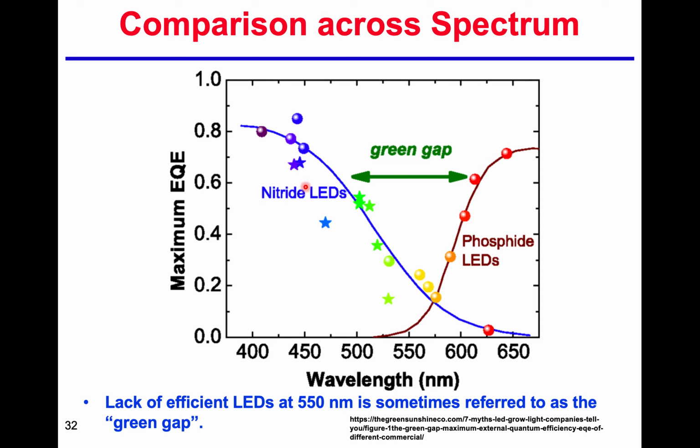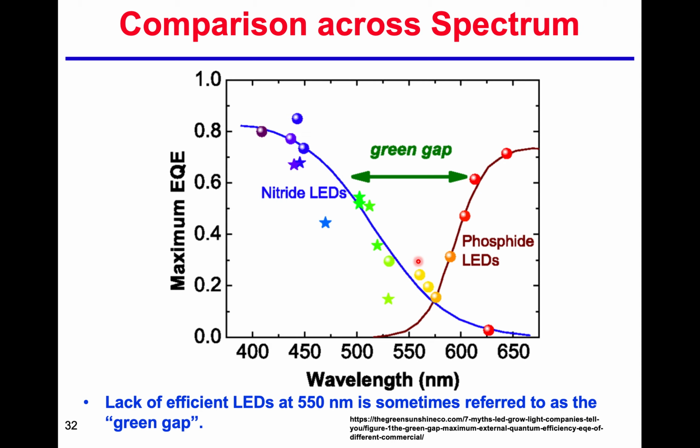On the other hand, the nitride LED is very efficient in the UV and also the blue region, but in the green region the efficiency drops because epitaxy growth becomes difficult as the indium concentration increases. So sometimes we call it the green gap, around 550.